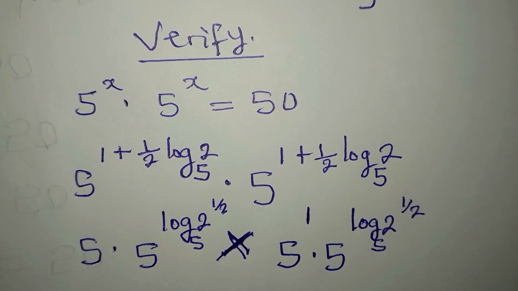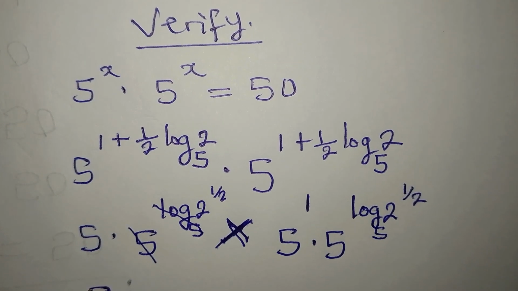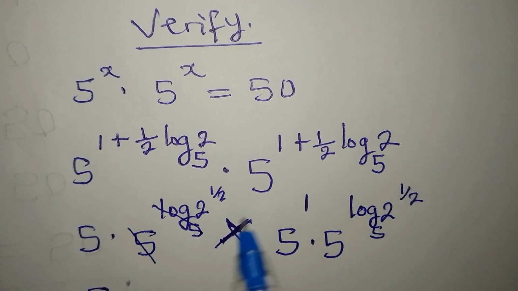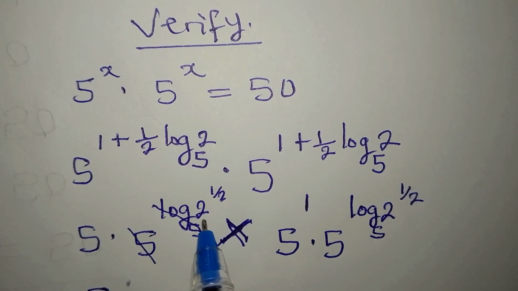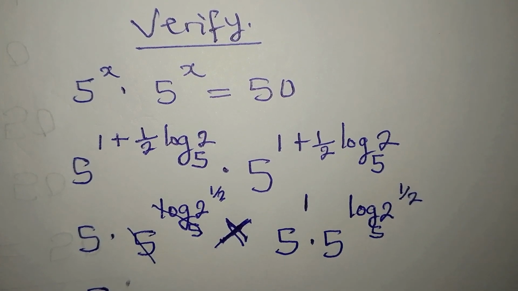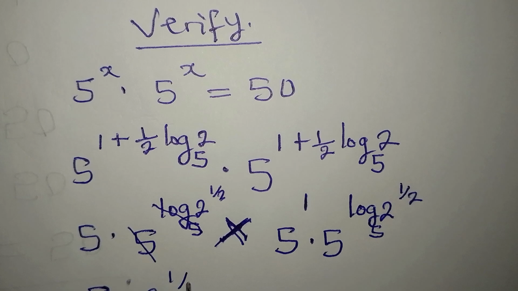What do you observe from here? There's a theorem that says this log to base 5 will cancel 5. So we have 5 multiplied by the number up there, which is 2 to the power of 1 over 2.